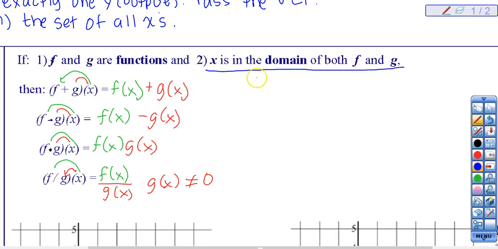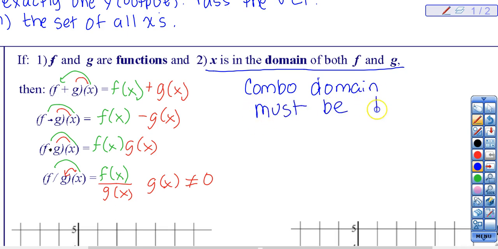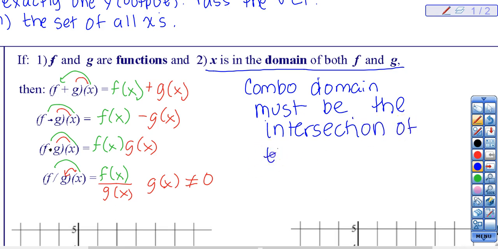So over here in condition number 2, the combo domain must be the intersection of the domains of your f and g.